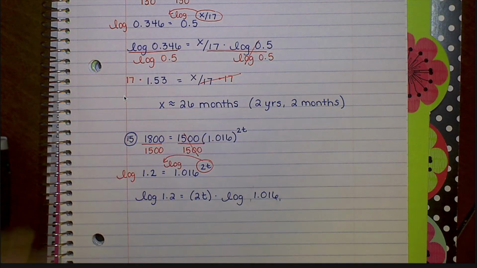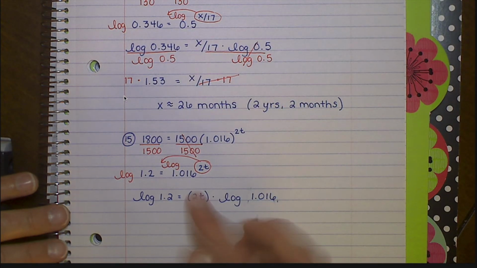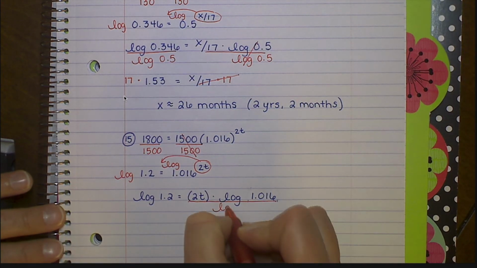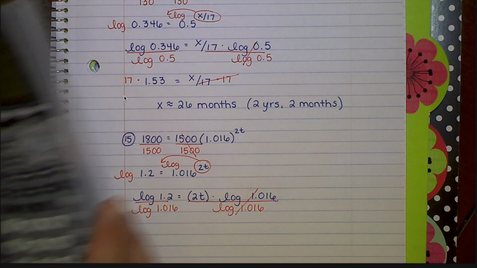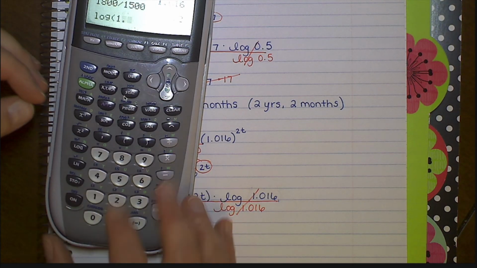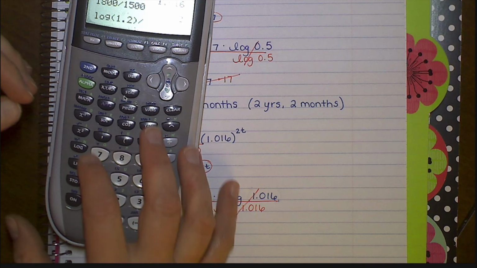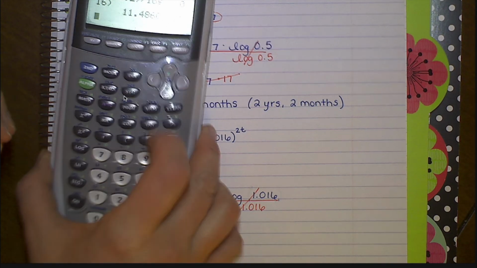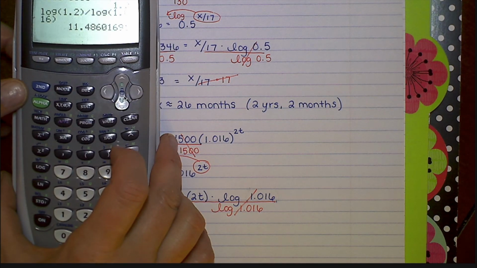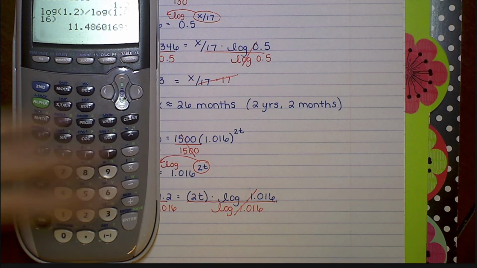Okay. I'm going to divide by that log to get this thing by itself. And then let's do this calculation. So log of 1.2 divided by log of 1.016. And I end up, sorry, you can't see that, but I end up with 11.48.